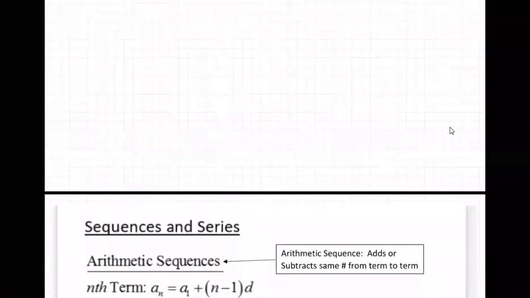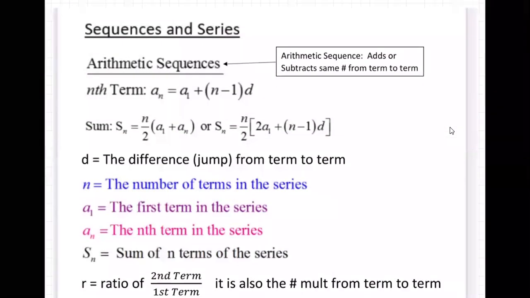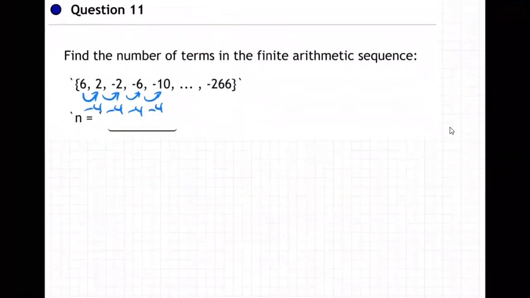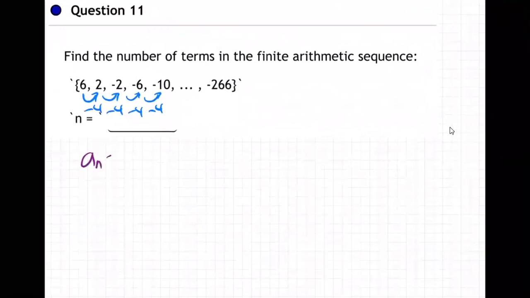All right, so then I'm going to go to the notes, grab the formula for arithmetic sequences. There it is. A sub n is a1 plus n minus 1 d. So let's use that. A sub n is a1 plus n minus 1 d.